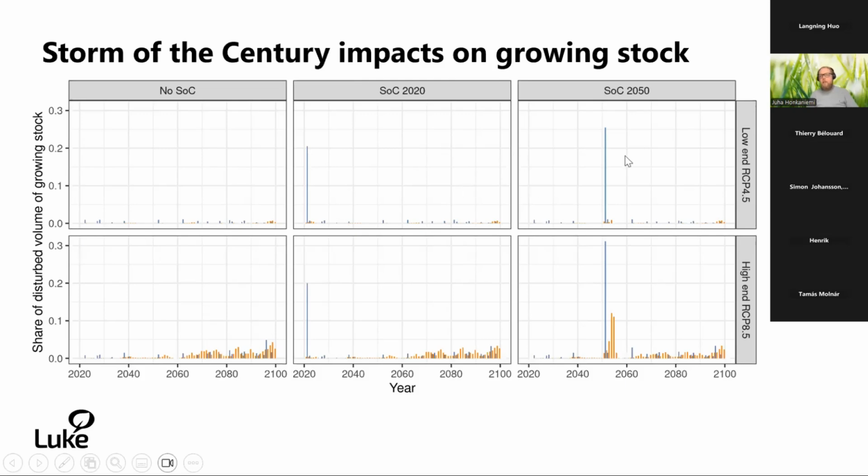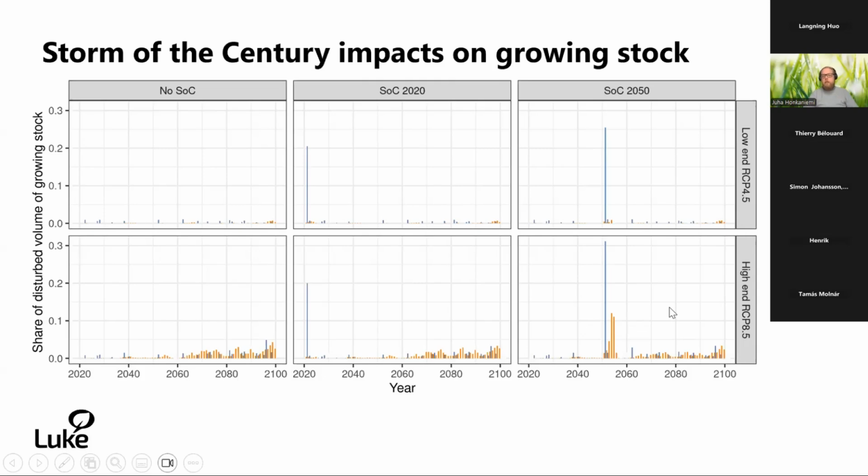But things change when we simulate the storm of a century in 2050. The impacts are a bit higher due to the changes in the structure and composition of the landscape. Under the 4.5 scenario, we don't see much bark beetle outbreak even after this storm of the century. But under 8.5, we're actually seeing quite a big outbreak after this huge storm event in 2050.